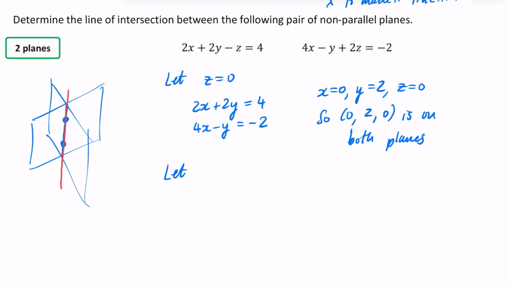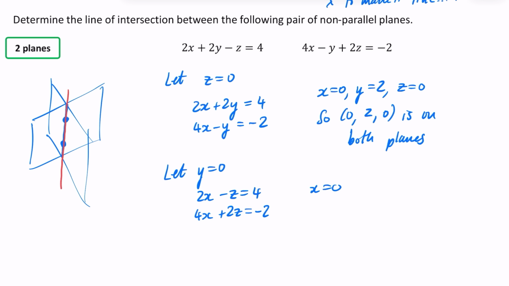You could do z equals 1, you could do z equals 500. I'm going to keep it simple. Let's make y equals 0. So I then have 2x minus z equals 4, and 4x plus 2z equals minus 2. And we're going to find out what the x coordinate and the z coordinate are just using the calculator. So it's 2x minus z is 4, 4x plus 2z is minus 2.